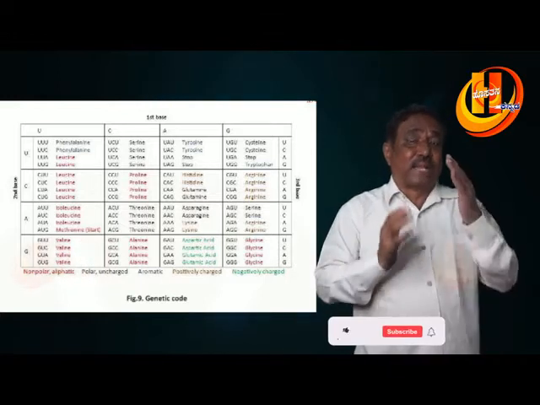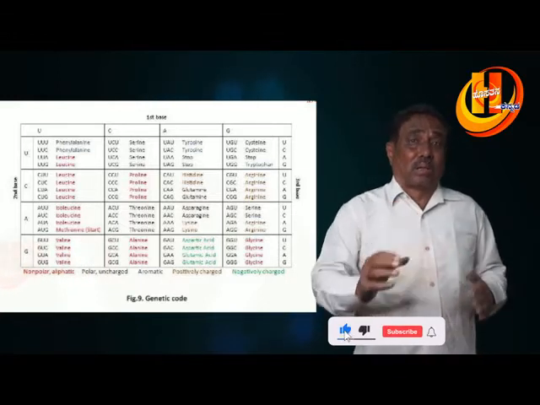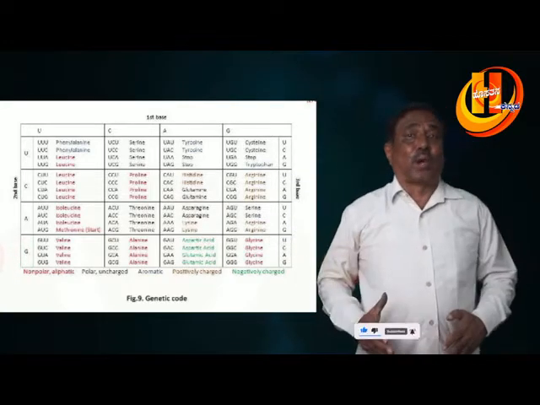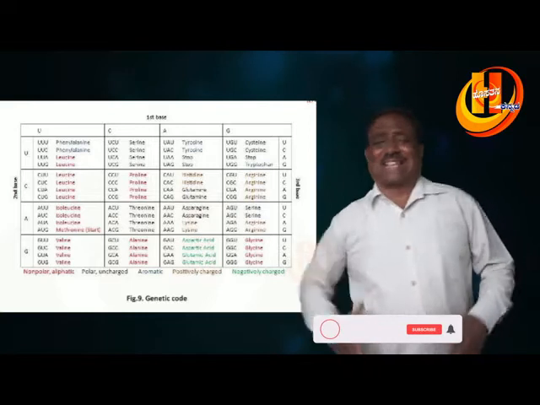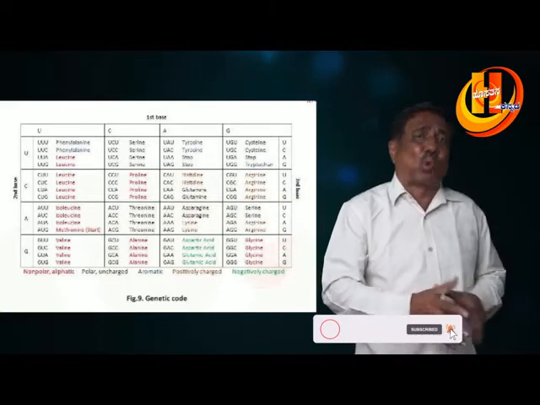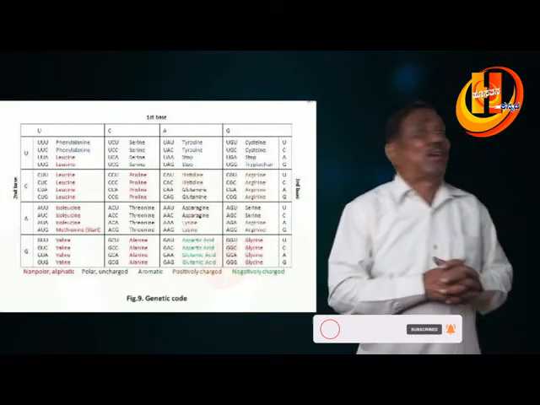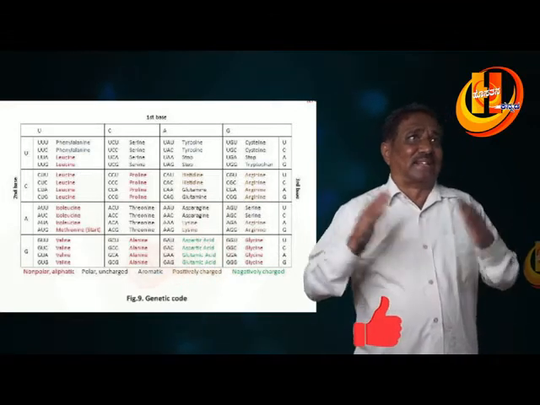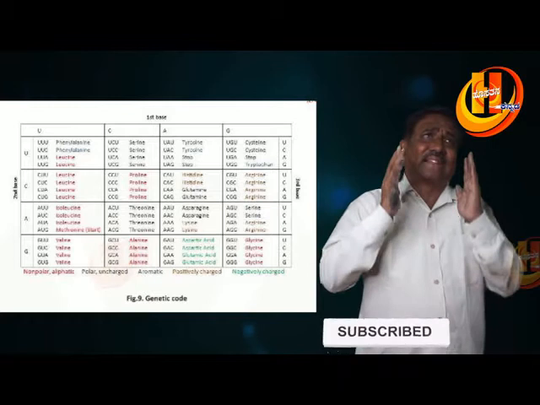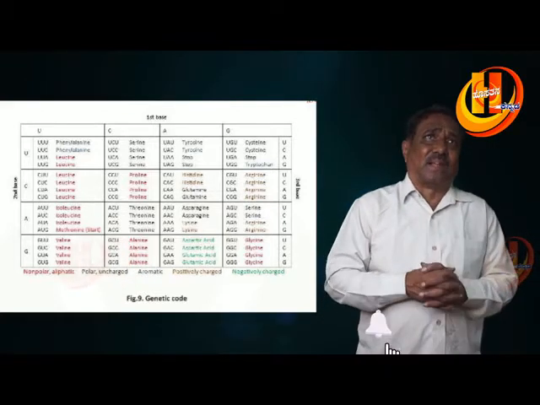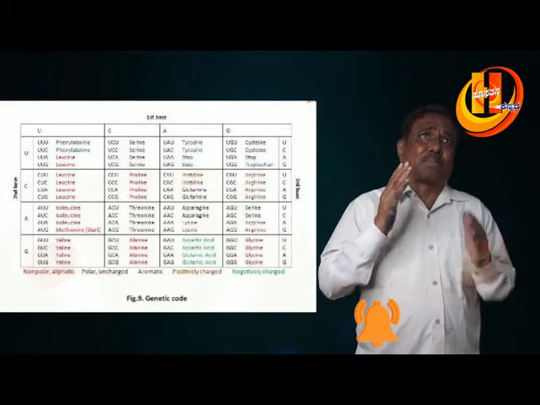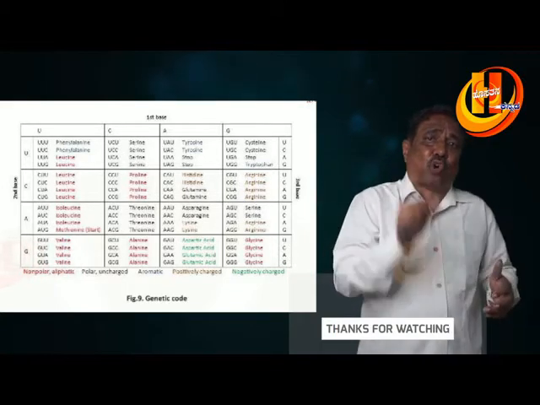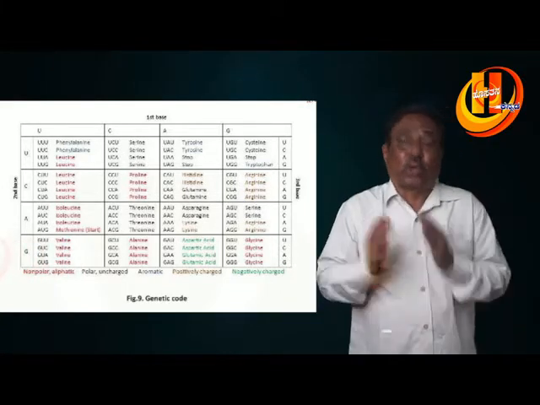Hence, George Gamow argued that for coding the 20 amino acids, triplets are required. Only a triplet can code for all the 20 amino acids which take part in protein synthesis. That is very important. That is the permutation combination of 4 into 4 into 4, that is 64.